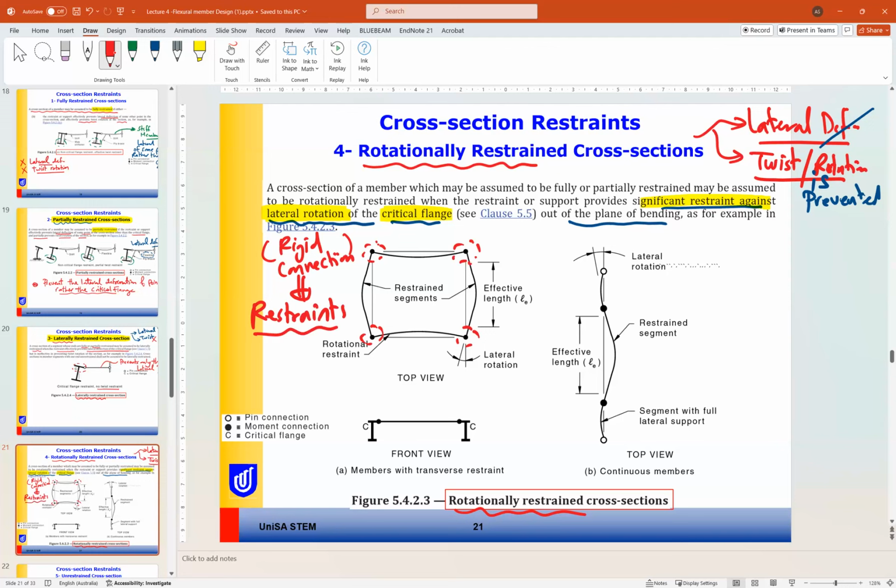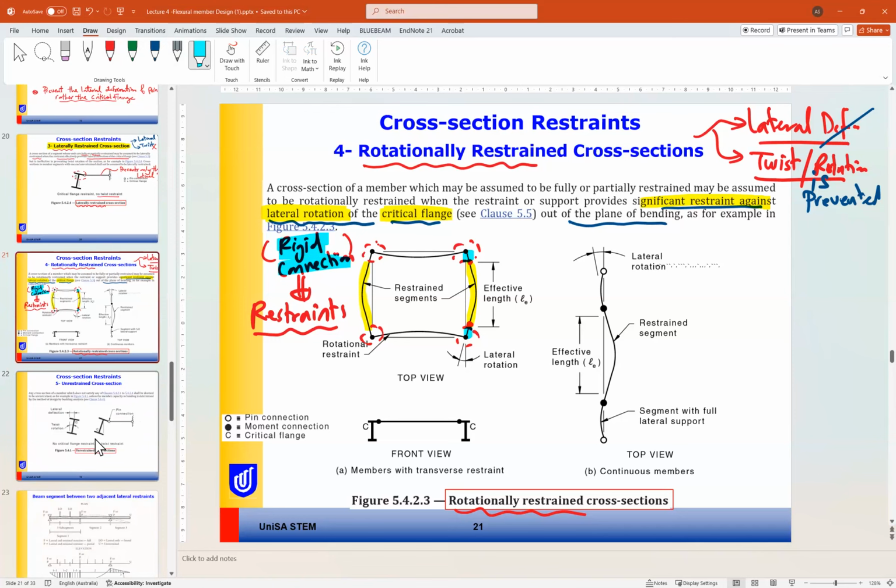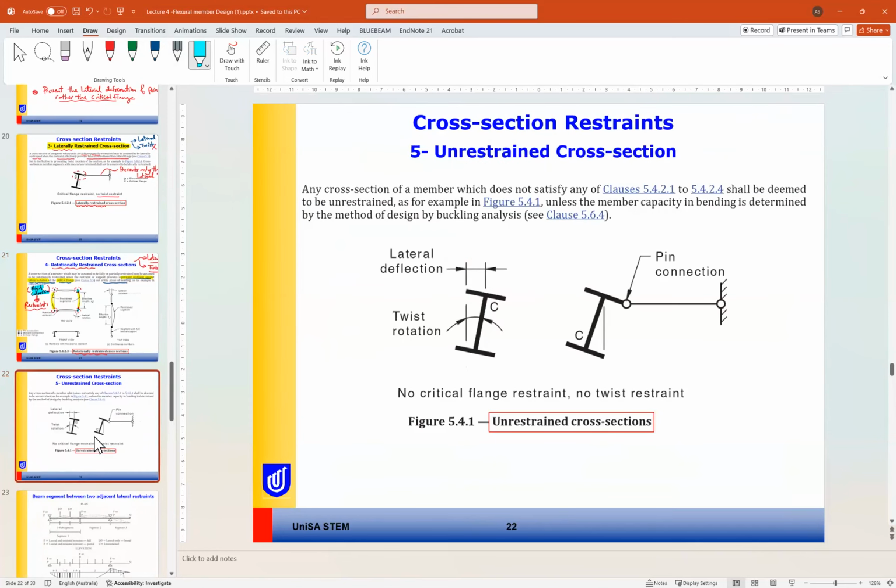So the effective length of the member will be at this point, for example. So this part only, or this part only, the critical member, because the other part is prevented from rotation due to the rigid connection. So these are all the cases you may face in your design.